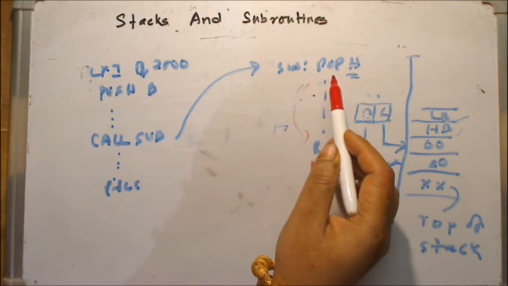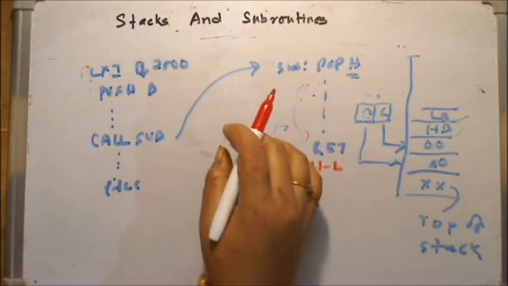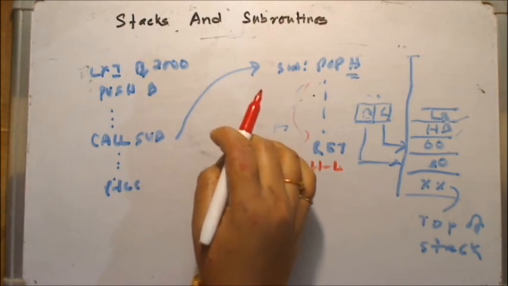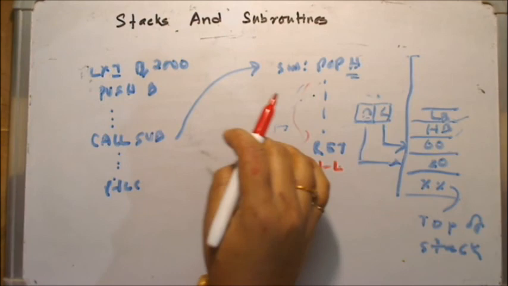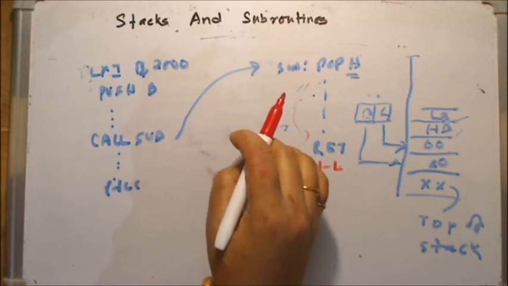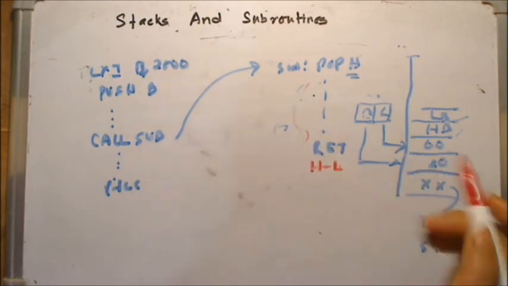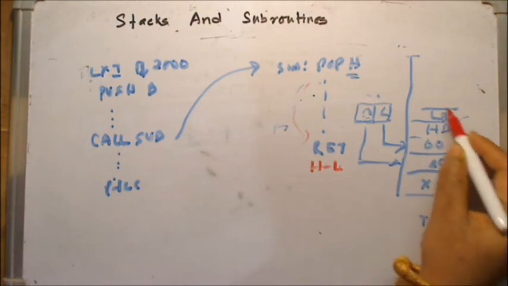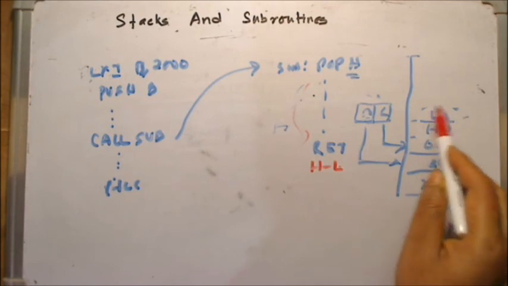No. I have already told you, when you push the parameter, there is another push during the call. It is used by the microprocessor. The microprocessor will push the return address into the stack. So the return address will come above the stack.